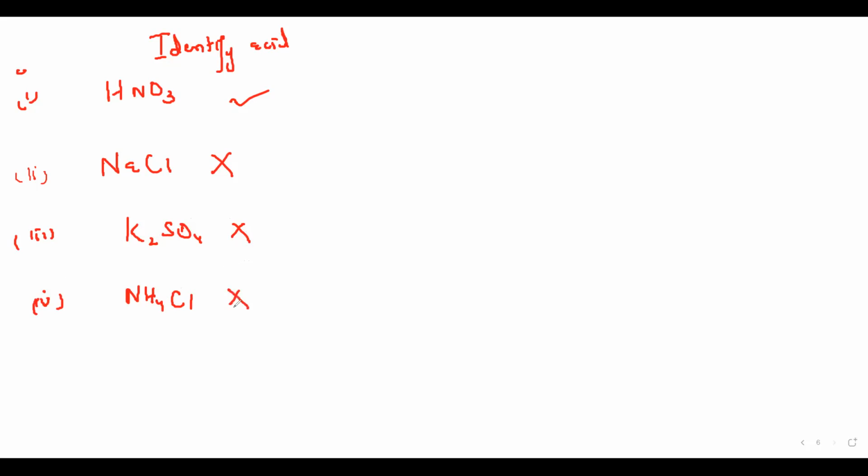That's why it is not an acid. HCl. Is this an acid? Yes. And H2SO4, sulfuric acid. So it's easy to identify a substance which gives proton or which has hydrogen.